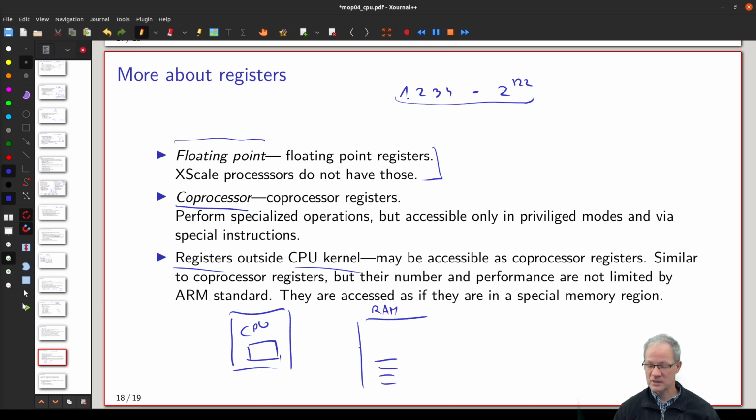And when the special instructions access those, they're pretty much writing to and reading from the memory. And then the memory could also be not the real memory, but mapped to something else that is actually some device. It could be registers within that device.